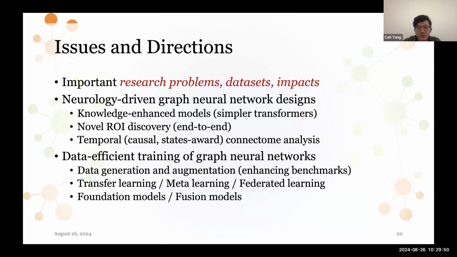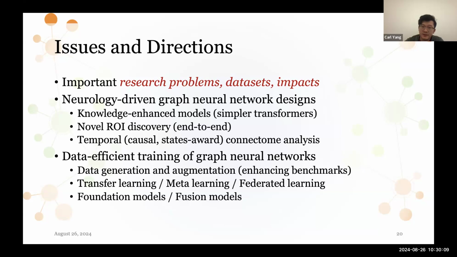And then, in the work I showed last, we tried to learn the novel connections, right? But we are also trying to learn the novel ROIs. So we want to do a learnable parcellation. We want to also use the downstream task to guide the parcellation step.